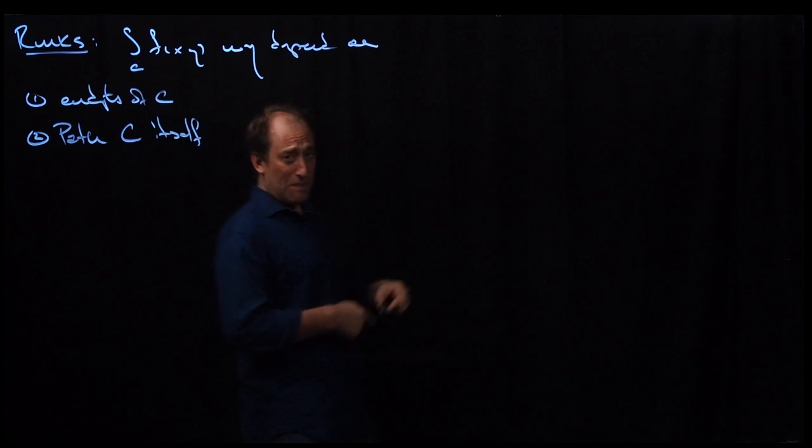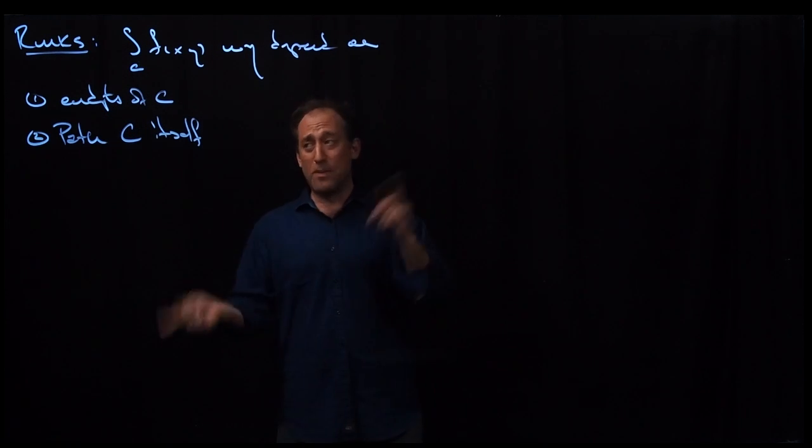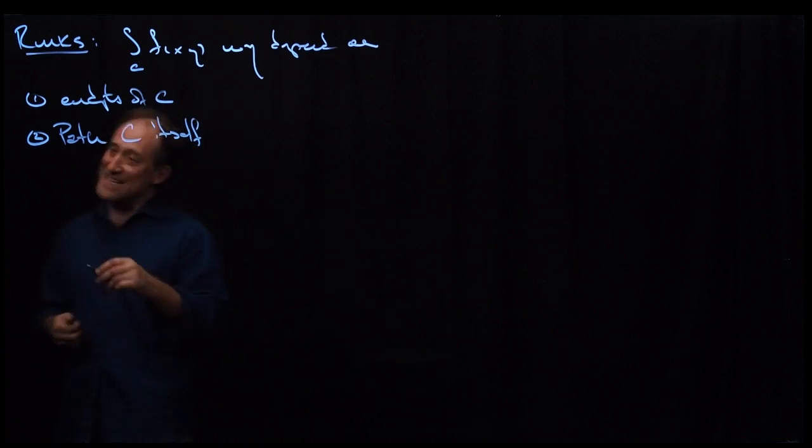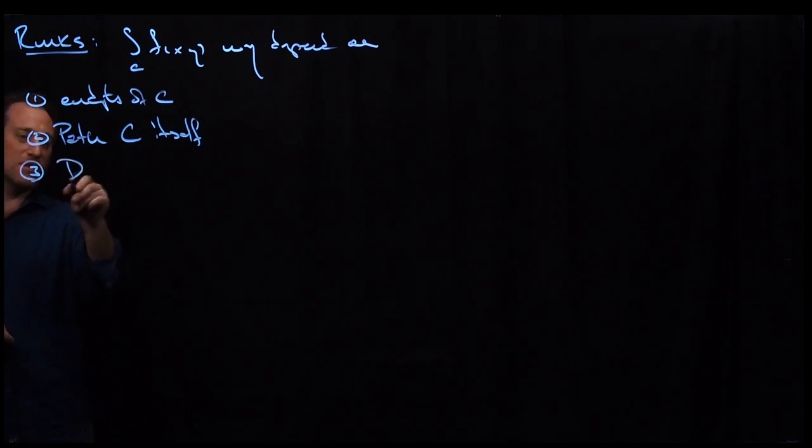But it may very well depend on more than that. It may depend not just on the path C, but the direction that C is traversed. So I'll put this up as direction.